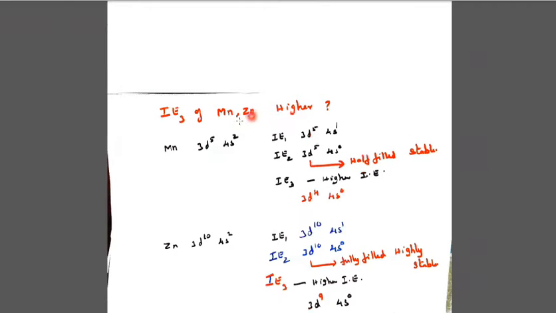Then I3 of manganese and zinc. Manganese is 3d5 4s2; when one electron is removed, it becomes half filled. Then removing one more electron from the half filled configuration requires more energy.